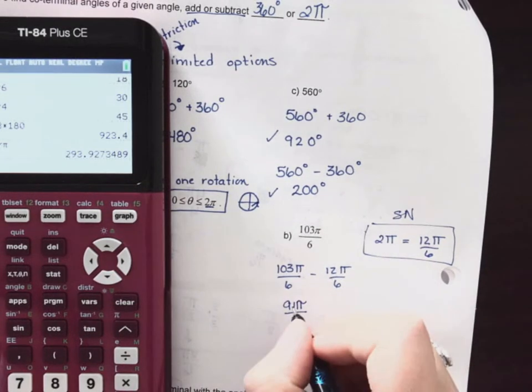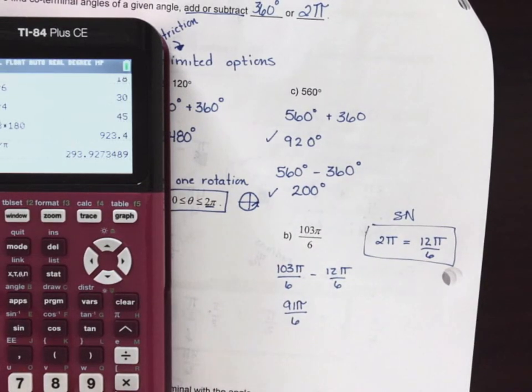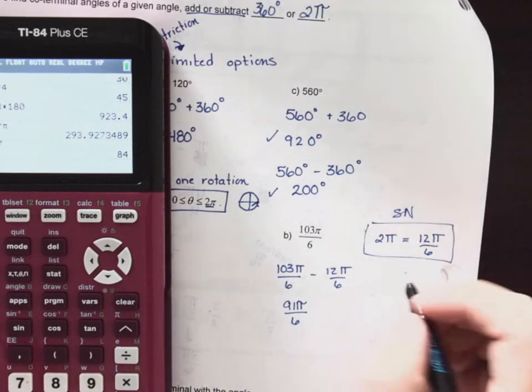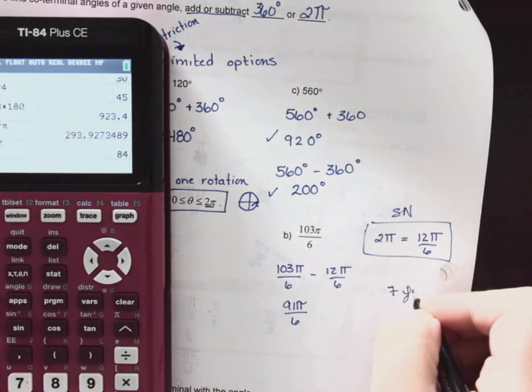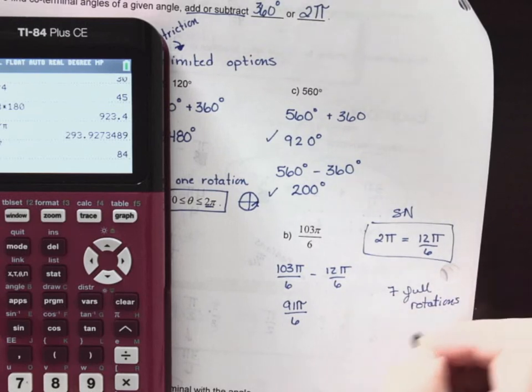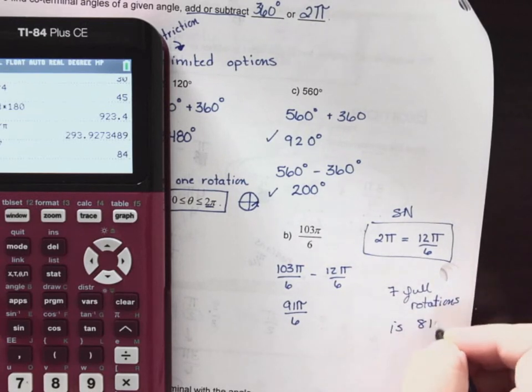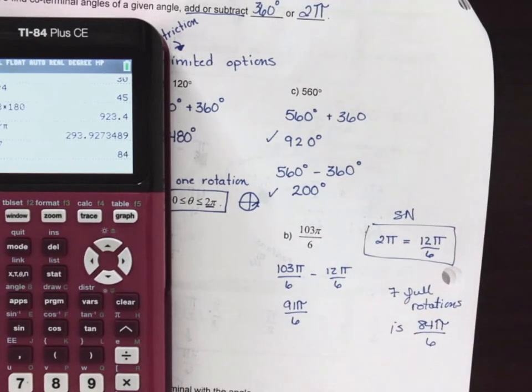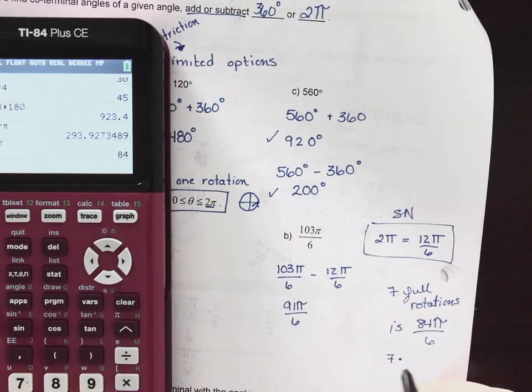So if this is 91 pi, if I go 12 times 7, that's 84. So 7 full rotations is 84 pi over 6. All I did was take 7 times 12 pi over 6 gives me the 84 pi over 6.